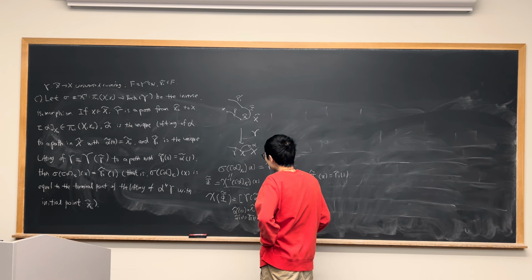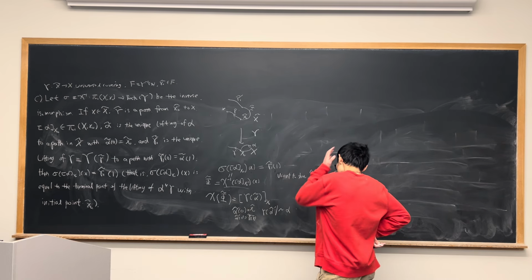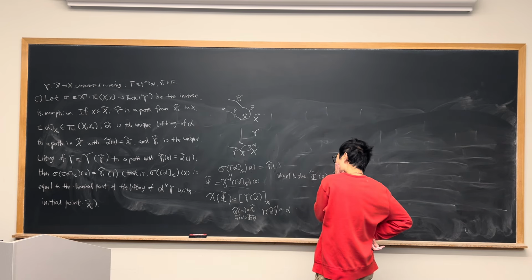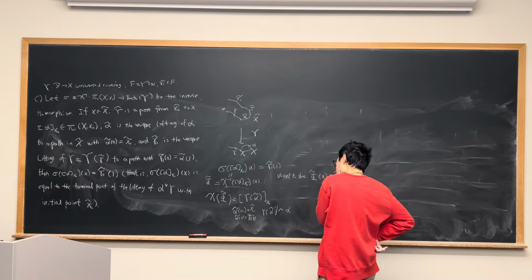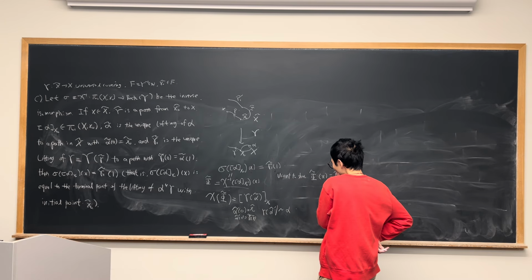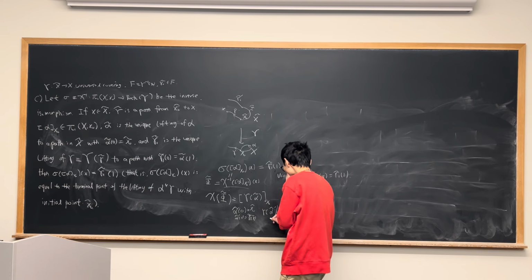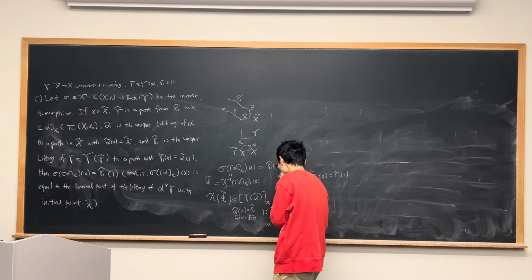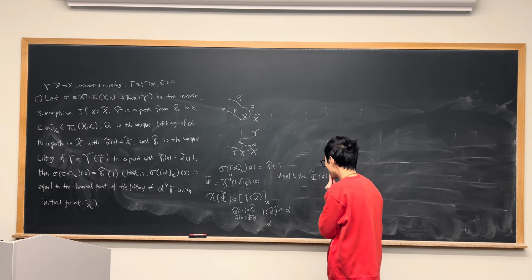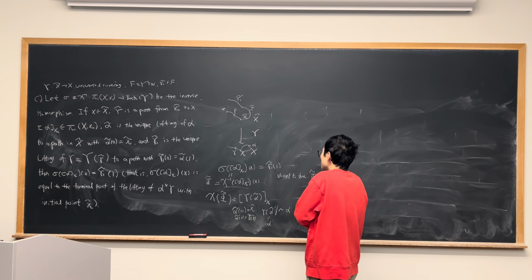It is homotopic to alpha. So let's use this one as alpha prime. Basically you have this alpha prime homotopic to alpha.